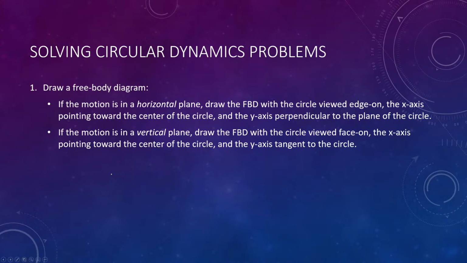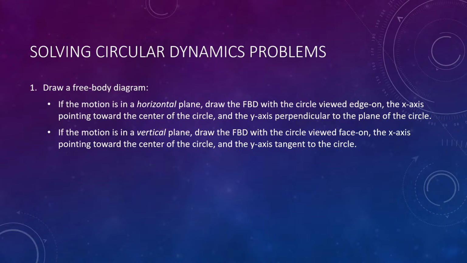So you'll have one of two situations when you start one of these problems. If you have a problem where the motion is in a horizontal plane, such as a ball rolling around in a circle on the ground, or a car traveling around a circular track, then you draw the free body diagram with the circle viewed edge on.